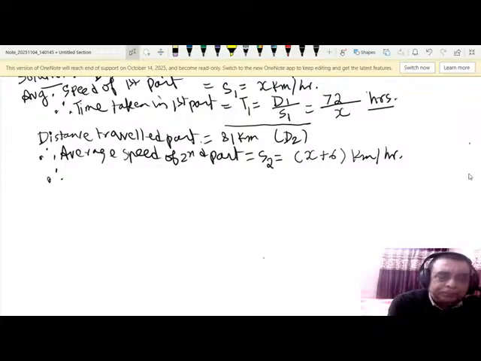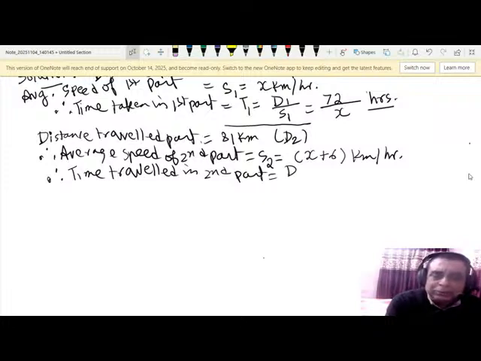Therefore, the time traveled in the second part will be d2 divided by s2, which we are denoting by t2. So d2 is 81 kilometers and s2 is x plus 6.